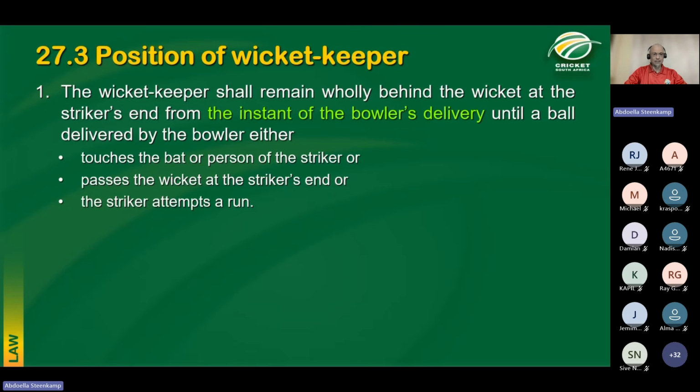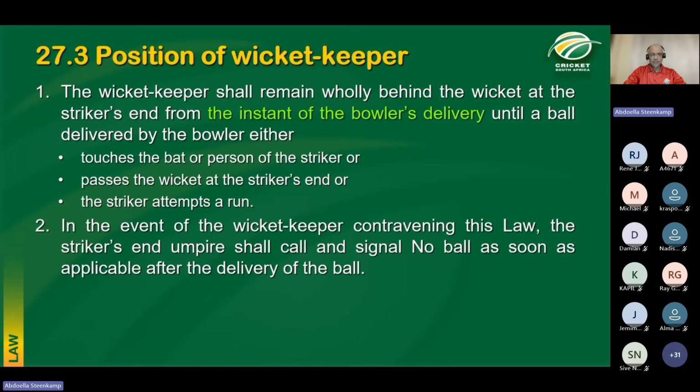And lastly, as soon as the striker attempts a run, the law allows the wicket keeper to come in front of the stumps. Other than these three bullet points, keeper needs to remain wholly behind the wicket from the instant of the bowler's delivery.